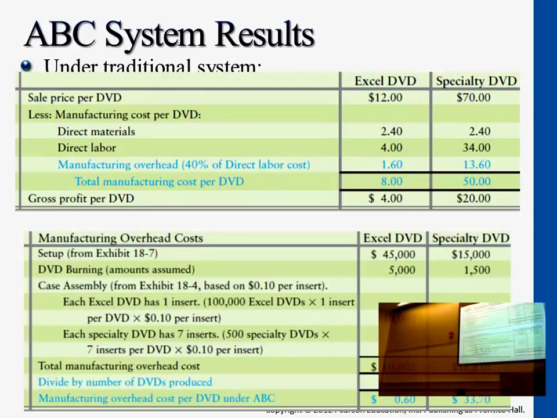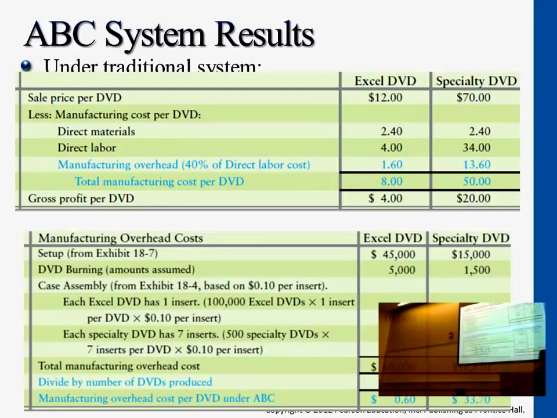What about the last one? Last one, if we divide 350 by 500, gives us 70 cents here. Okay, so the unit cost here for each of these, if we add them together, 60 cents for Excel. What about unit cost for specialty ones? $33.70. So is this the same as what we covered earlier?